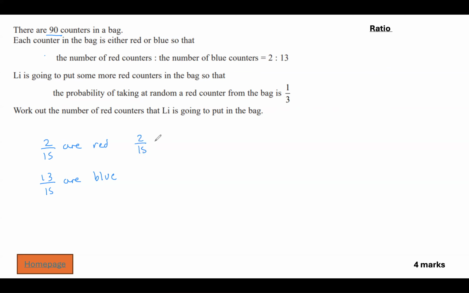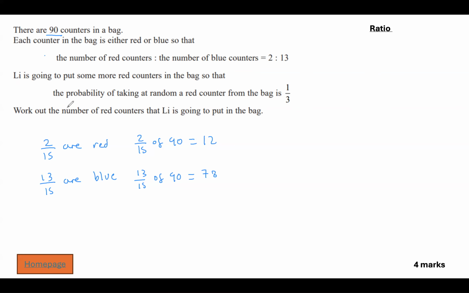So 2/15 of 90, you could simply do 2/15 times 90. And 13/15 of 90 is therefore going to be 78, since 6 times 13 is 78.